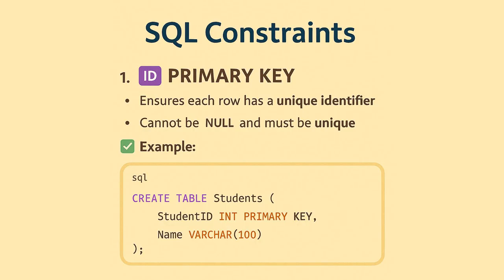The primary key is a unique identifier, ensures each row has a unique identifier. This primary key cannot be null and must be unique. So here we have two constraints: first, cannot be null, and the second is unique.